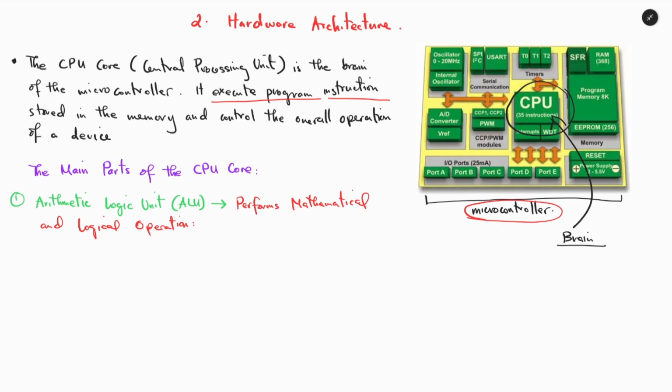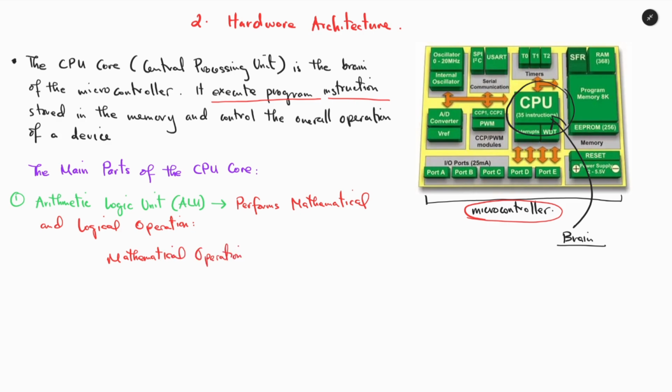The first main part inside a CPU core is called the arithmetic logic unit, also called the ALU, and its function is to perform mathematical and logical operations. Mathematical and logical operations are two different operations. Now, when we look at a mathematical operation, what is a mathematical operation?